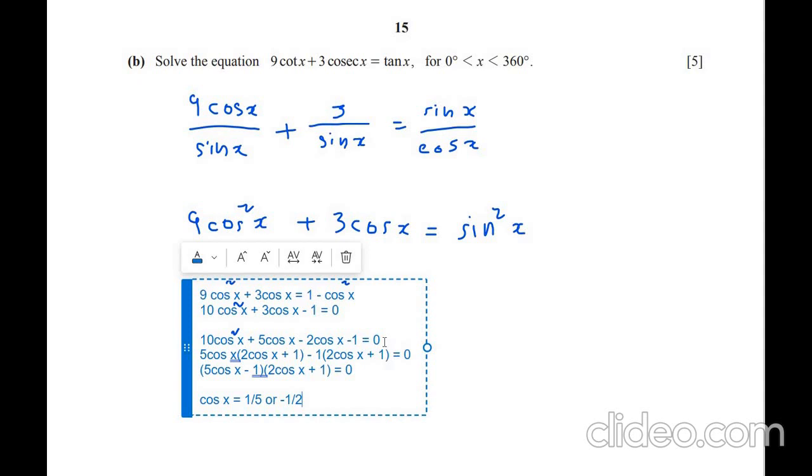And now we need to find all the values of x between 0 to 360 degrees. So if we take cos inverse of 1/5, that is 78.46.